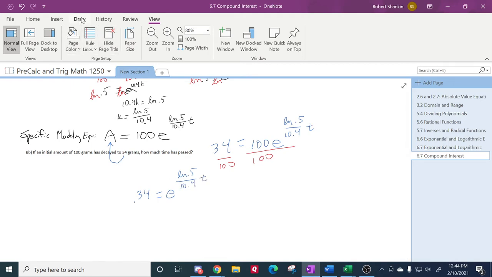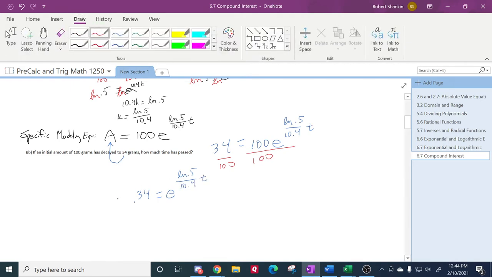And then I'm going to take the ln of both sides. If it's already got a base e, then use base e in your logarithms. These kill each other off. And I'm going to get ln of 0.34 on this side. And then I'm going to get t by itself.